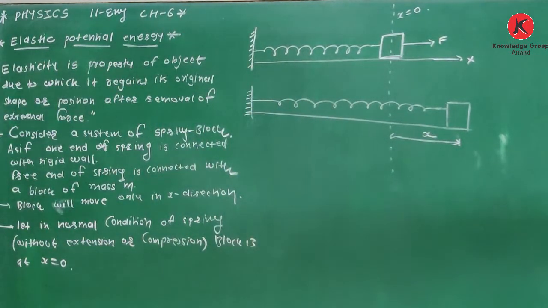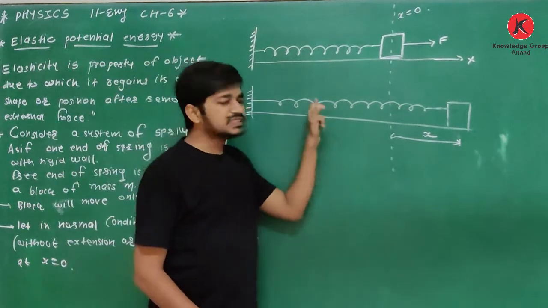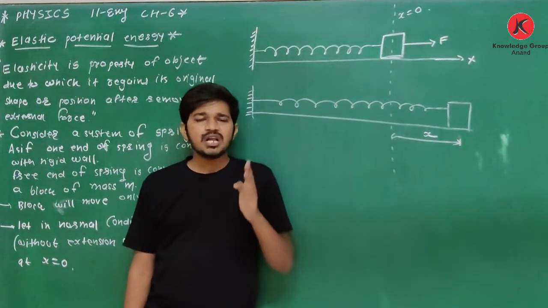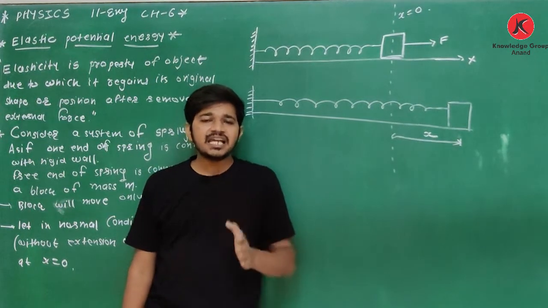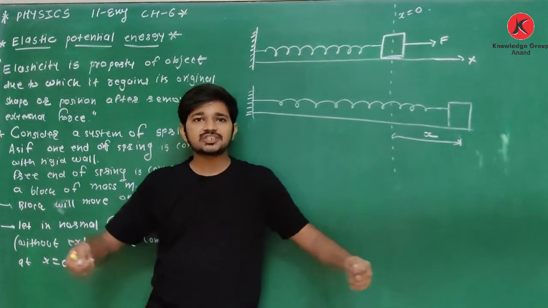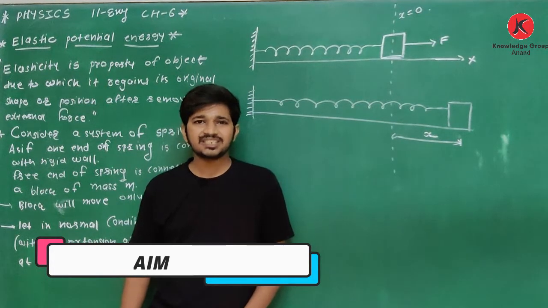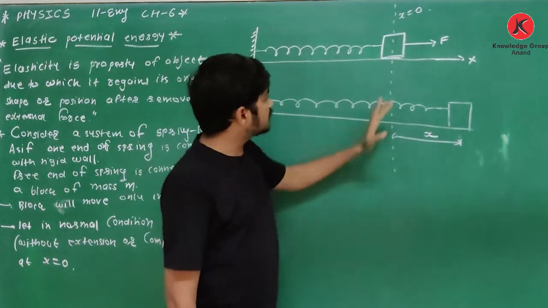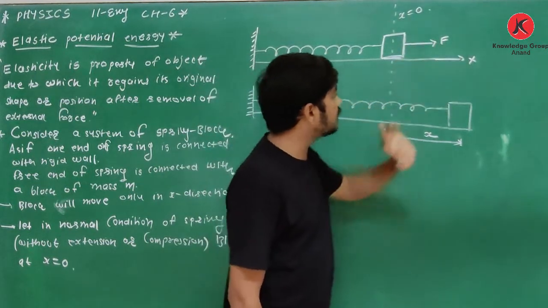If we displace this block by distance x, as shown in the figure, then this spring is under extension. This spring is stretched. Clear about this? External force F is applied in this direction.